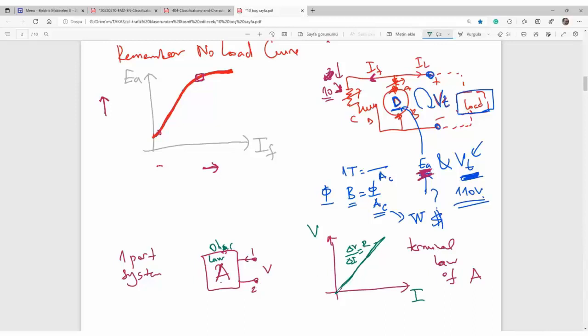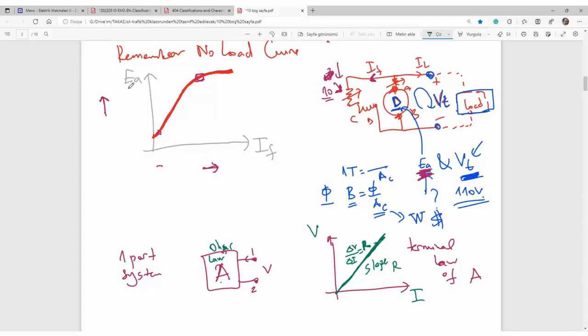Here's a nonlinear relation, and you understand that the tangent, the derivative, the slope is resistance.